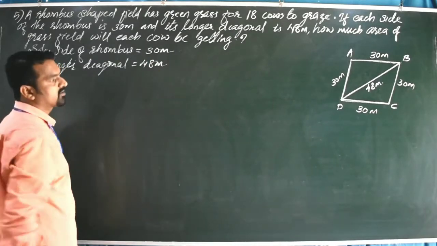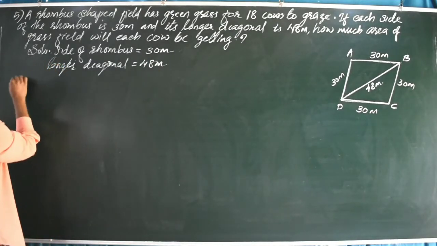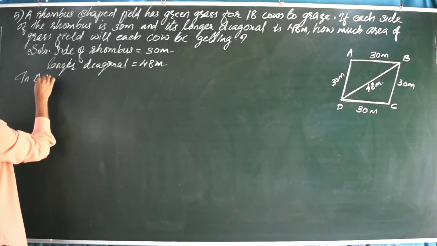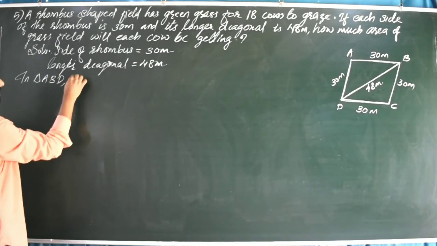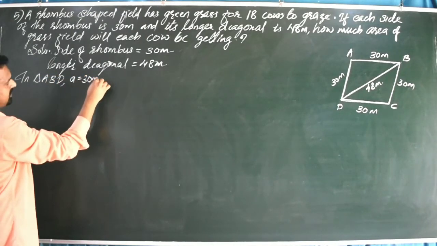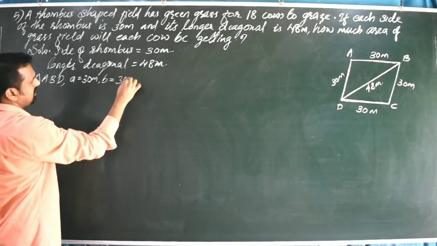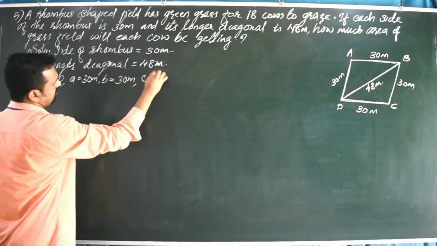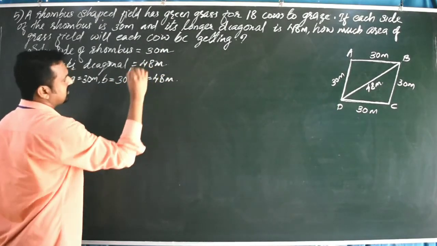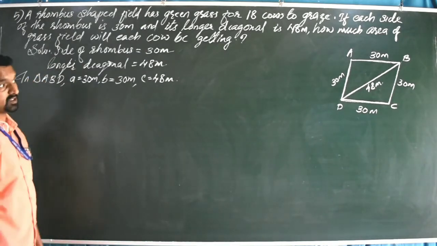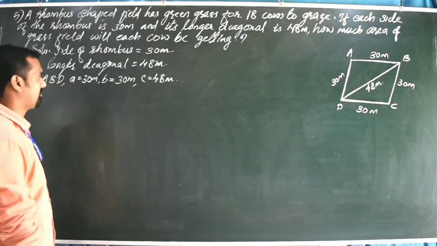Now we will find the area of triangle ABD. In triangle ABD, a is equal to 30 meter, b is equal to 30 meter, and c is equal to 48 meter. All the three sides I wrote here.